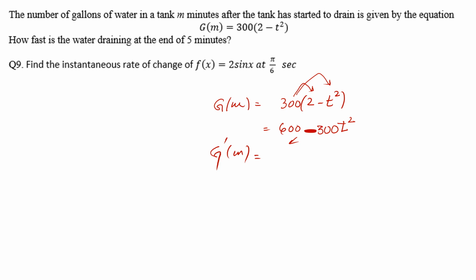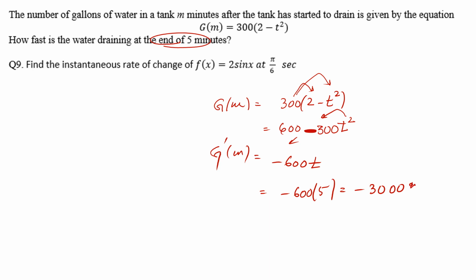So 2 times negative 300 gives us negative 600t. Now find how fast the water is draining at the end of 5 minutes, which means that you just replace t by 5. So 5 times 6 is 30, and then 3000 minutes.